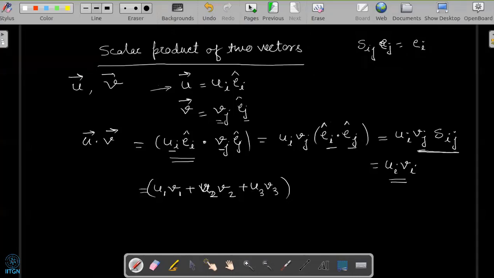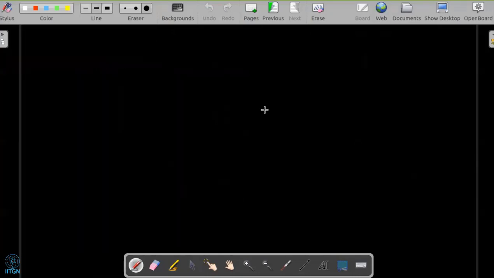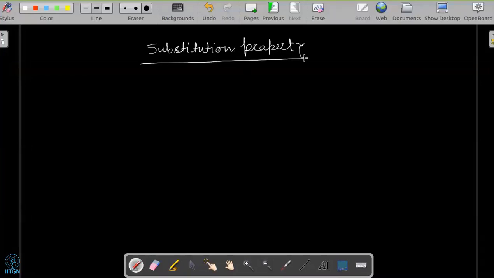Now we will see a very interesting property of the Kronecker delta, known as the substitution property. You have seen that when you multiply the Kronecker delta with e_j, you obtain e_i.